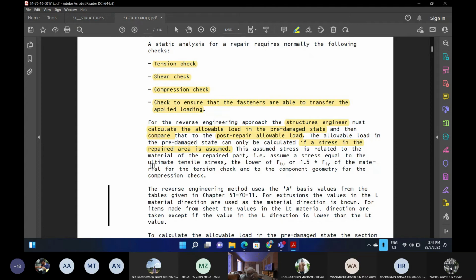Then you have to select what is the most suitable stresses. That stress we use to calculate, you times the cross-sectional area of the damage, then you will get load. So that's the load that is lost.